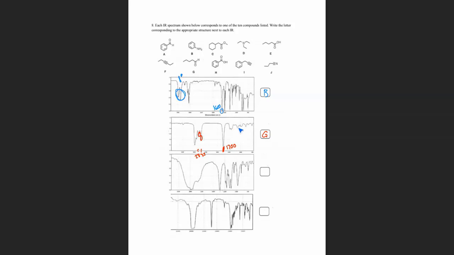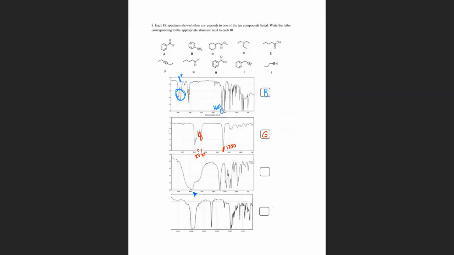Okay. The third one, the first thing I see is this huge broad peak here at 3000. Remember, 3000 is carboxylic acid. Carboxylic acid, and this peak here is about 1700.